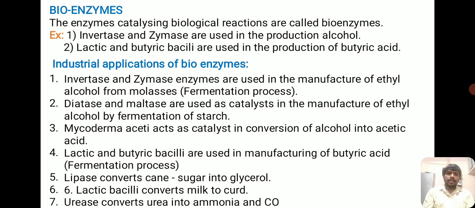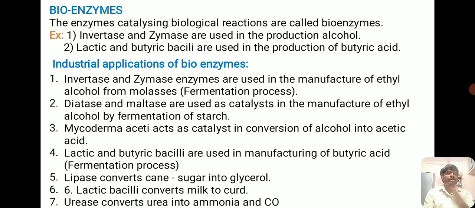The next one, lactic and butyric bacilli are used in the manufacture of butyric acid, as we have discussed earlier. It is also a fermentation process. The enzyme lipase converts cane sugar into glycerol. Another one, lactic bacilli converts milk to curd.